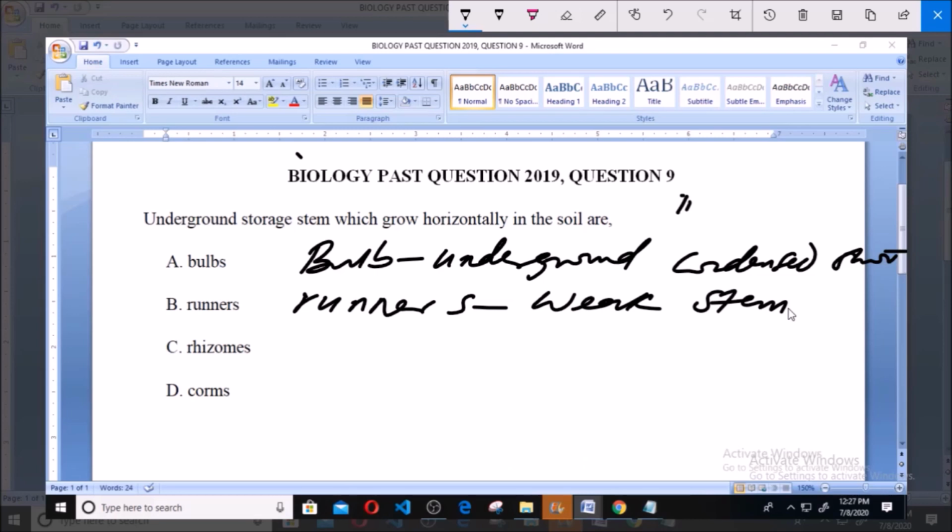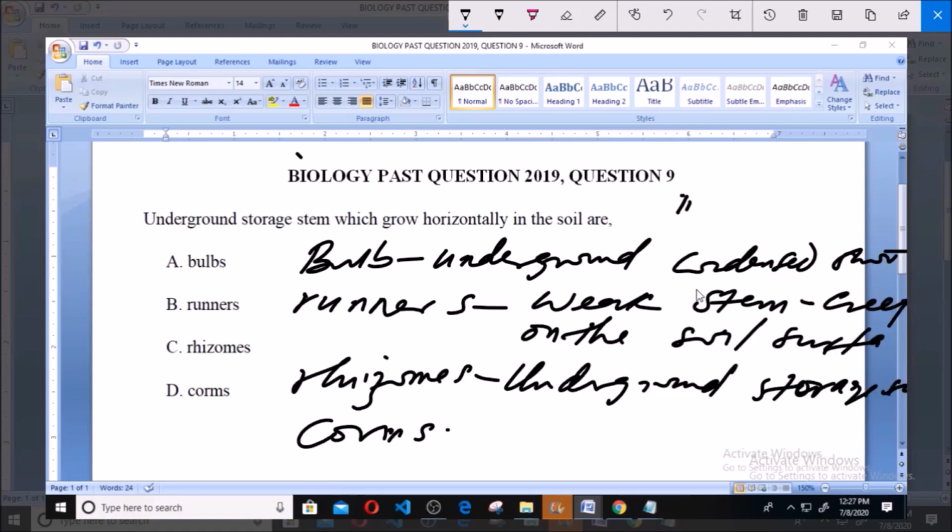Now, thirdly, we have rhizomes. Rhizomes are underground storage stems. Fourthly, we have the corms. Corms are underground short swollen stem bases that grow vertically.